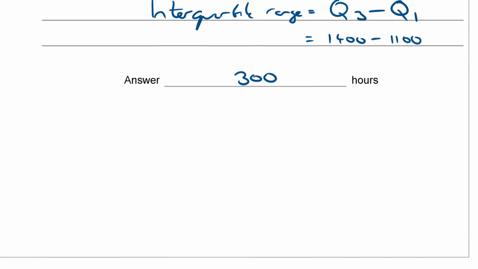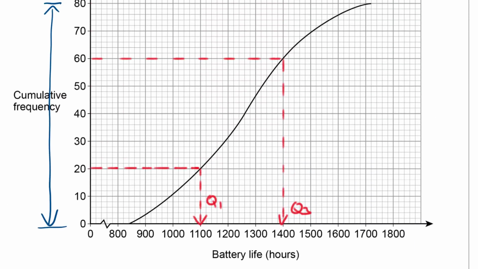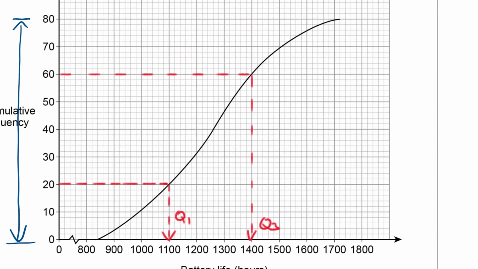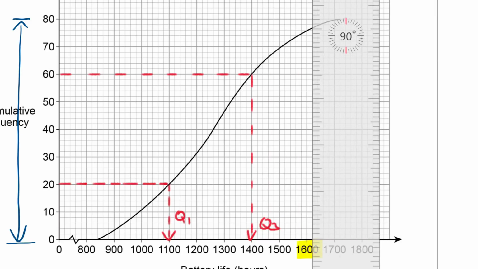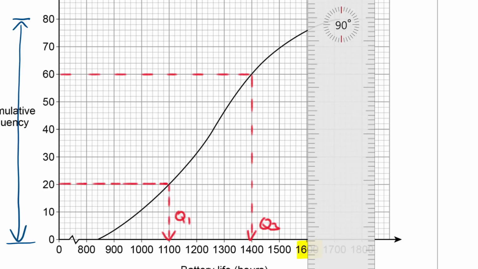Okay, let's go back and look at the graph. More than 1600 hours. Well, 1600 hours on my graph is here. So we're going to use our cumulative frequency curve the other way around this time.